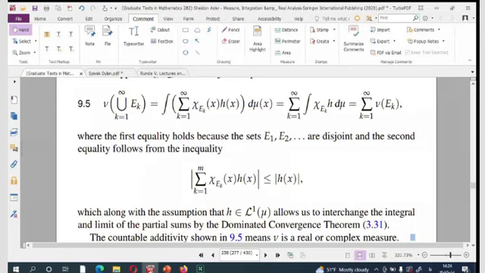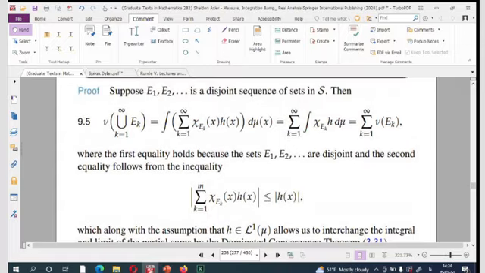Let me write this for you. But if we have this equality, we see that our proof is complete because this equals this, and so mu is a countably additive function.